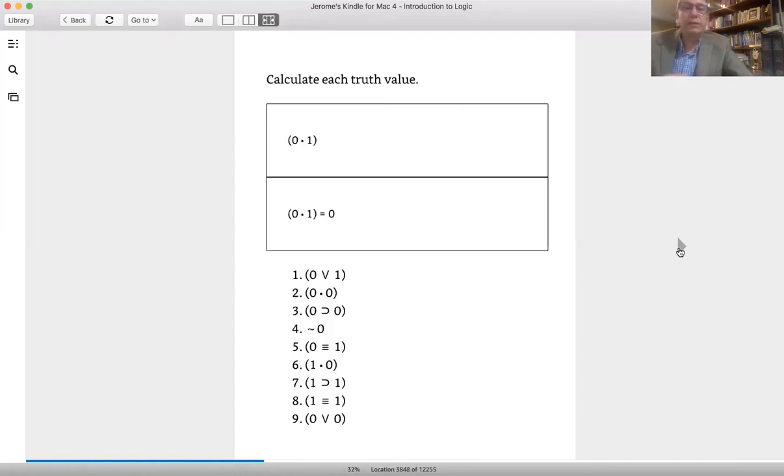Okay, so once we learn and have interiorized, as it were, and memorized the truth tables for the connectives, we can easily calculate the truth value of any statement that we're given, right?